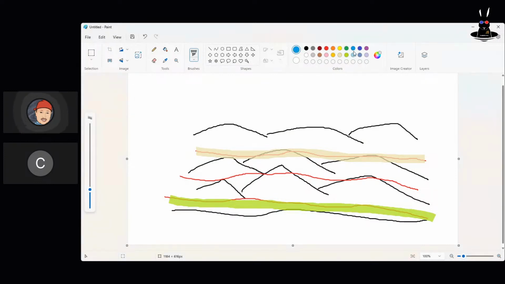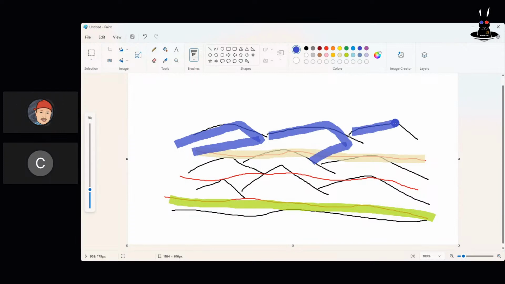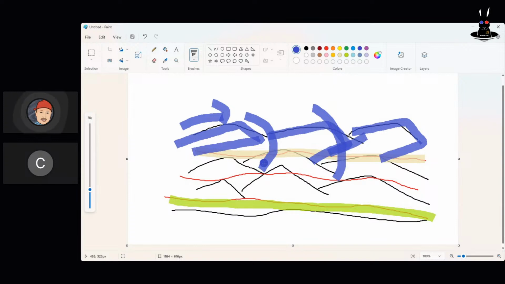I'll put it dark blue. This is a block. This is a block. And this is a block. Right? The thrust is in that direction, pushing over. And that's where these hidden faults, would you call them? Thrust faults. Yeah, the thrust faults.